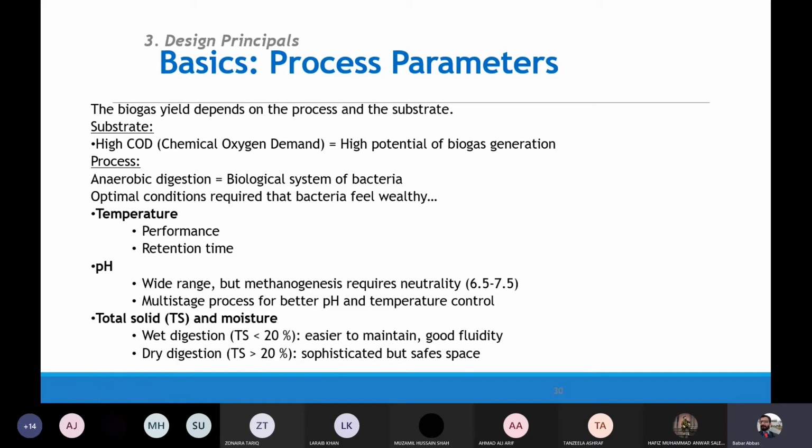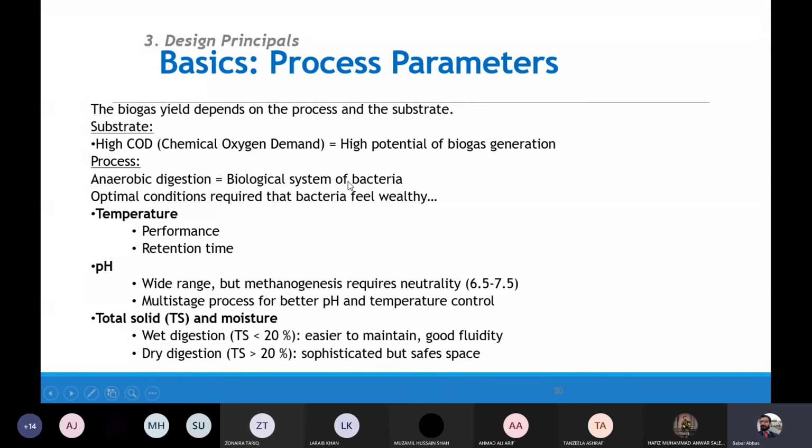Substrate must be having high COD or high organic content, as we have discussed the types of waste which can be added into the biogas plant, having high content of the organic fraction from the sugar mills or brewery industry, or the solid waste with the high biodegradability factor.